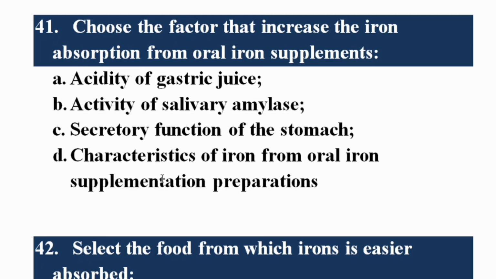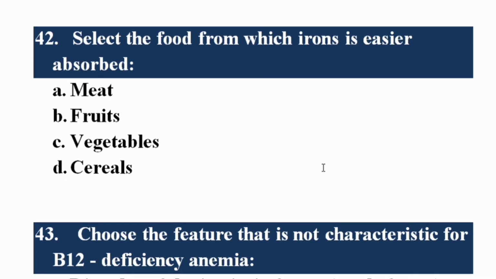Choose the factor that increases the iron absorption from oral iron supplements. Right option is delta. Characteristics of iron from oral iron supplementation preparation. Select the food from which iron is easier absorbed. Right option is alpha, meat.